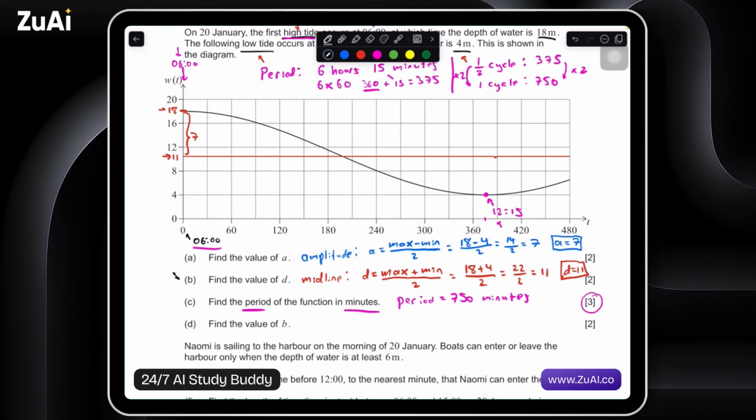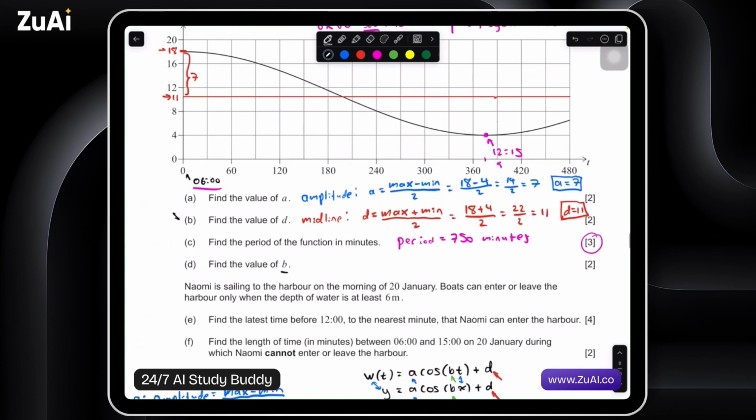So find the value of b. B itself is the frequency. The formula for b is equal to 360 over the period. This is probably the trickiest one to remember.